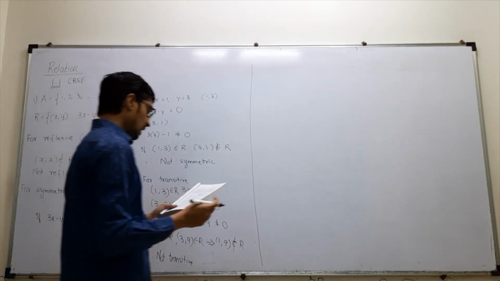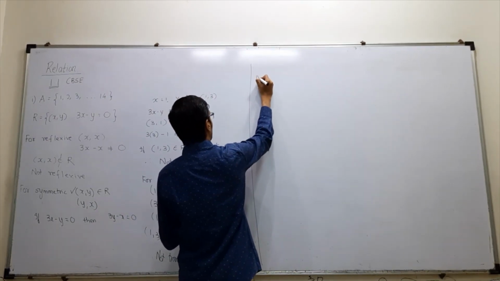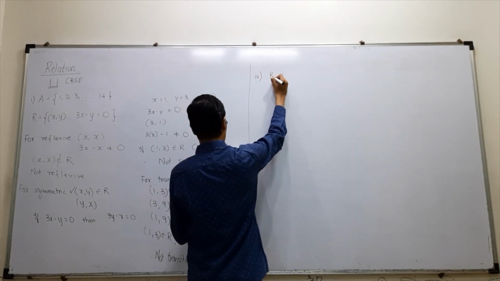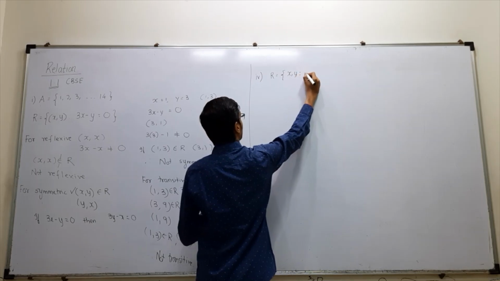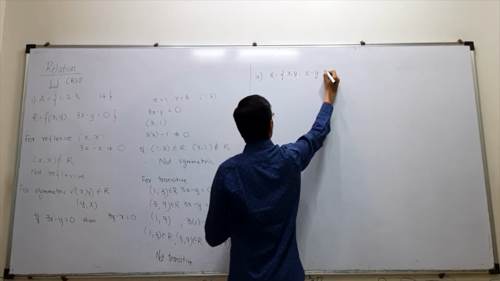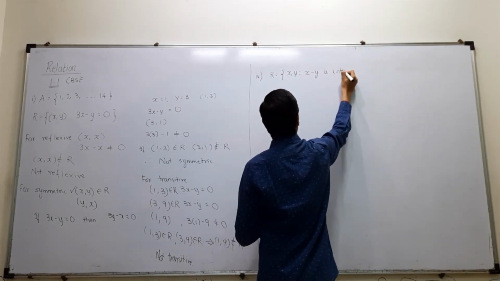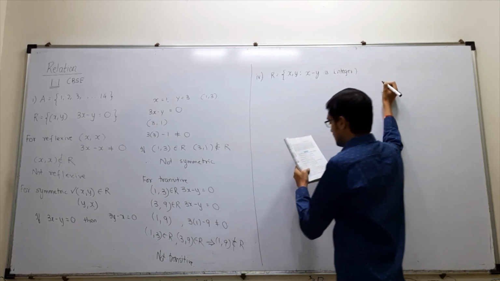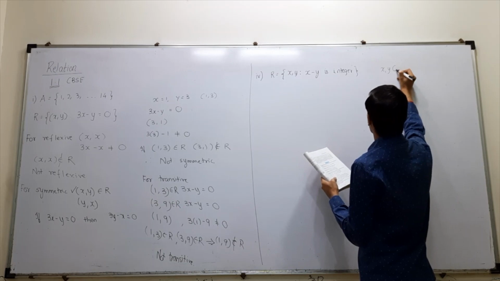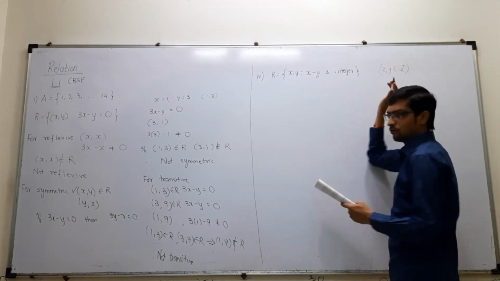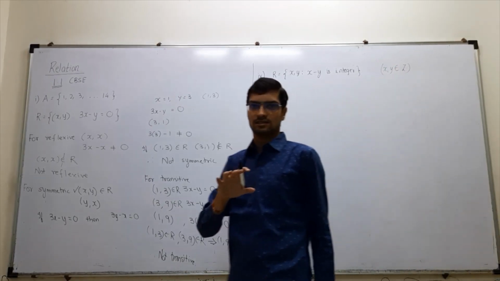Okay, let us talk about question number 4. In that, R is defined on x, y such that x minus y is an integer. Also they have said that it is a set of integers, that is x, y belongs to integers. That means I have to restrict myself only to integers.